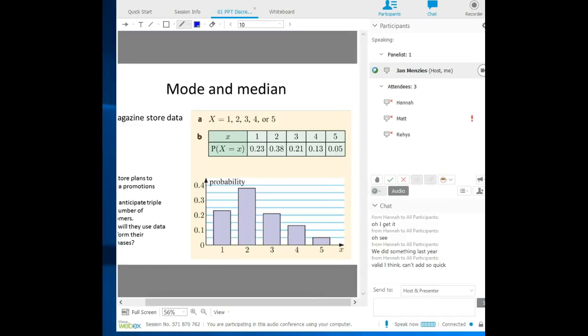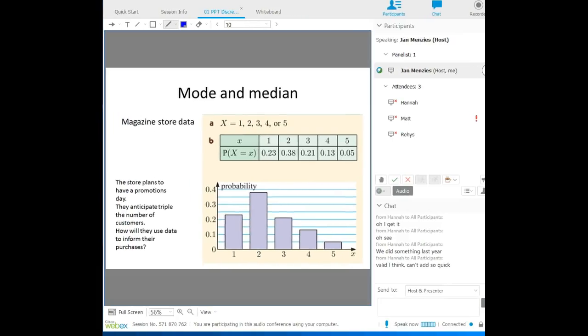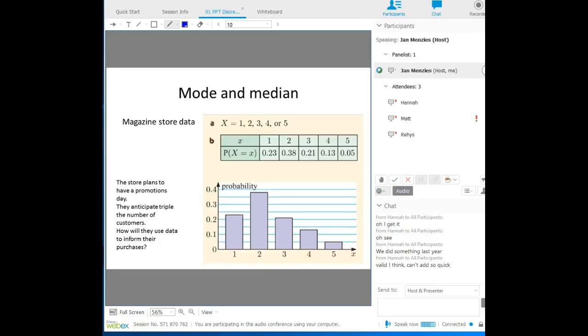Just take your time, get out your calculator and add it up. You're going to add up these probabilities on a calculator, see if it comes to 1.